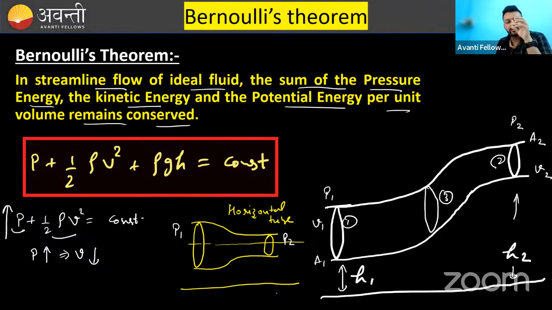So due to the mass of the water, there will be a certain potential energy, because it is at a certain height from the ground level. Now, why is there kinetic energy? Because the liquid is flowing. If it is flowing, that means it has some velocity. If it has some velocity and some mass, then there will be some kinetic energy as well. So that's why it is mentioned.